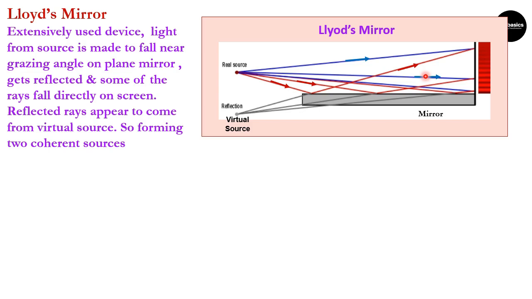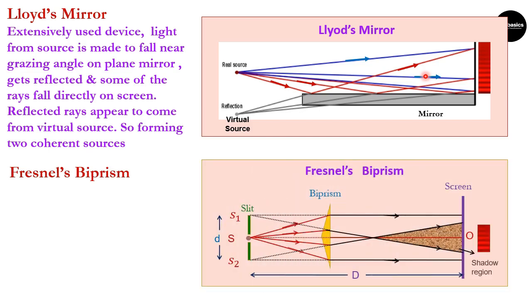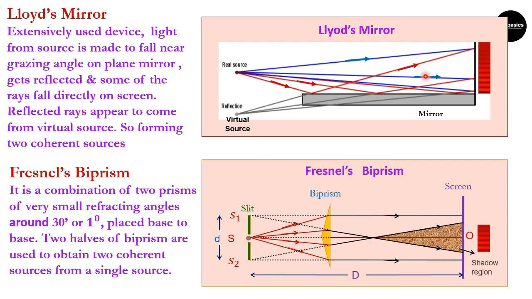The second method of getting two coherent sources in the lab is Fresnel's biprism. What is a biprism? A biprism is a combination of two prisms of very small refracting angles.